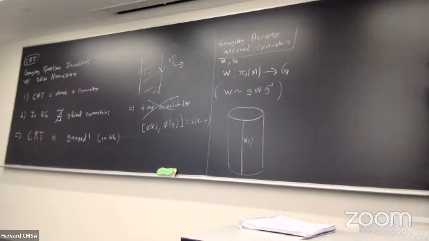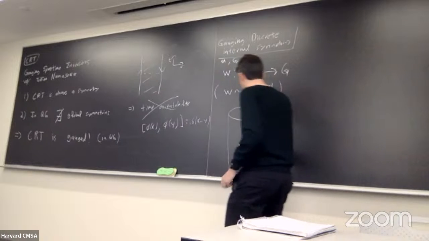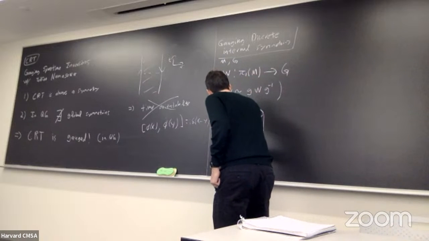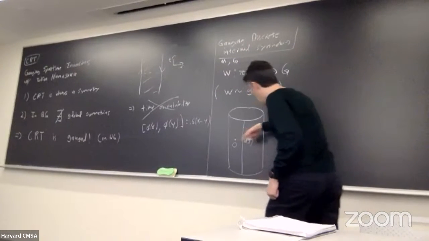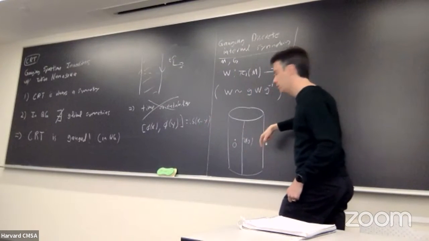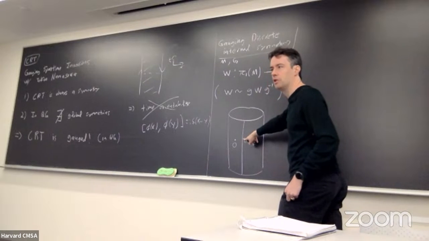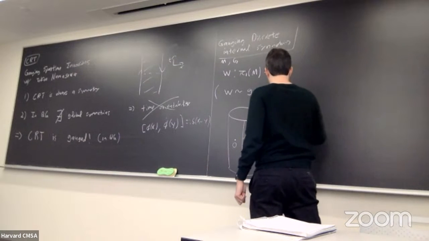The reason that turns on a holonomy is because if I put an operator O here that's charged under the symmetry, and I pull it around the loop, then at some point it gets stuck on the symmetry operator.